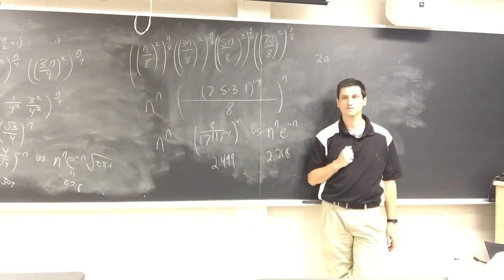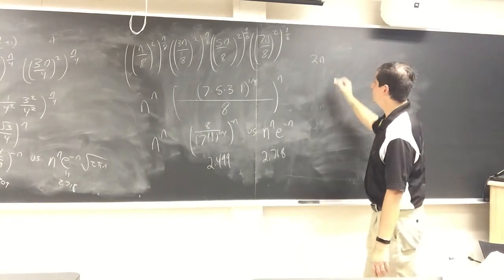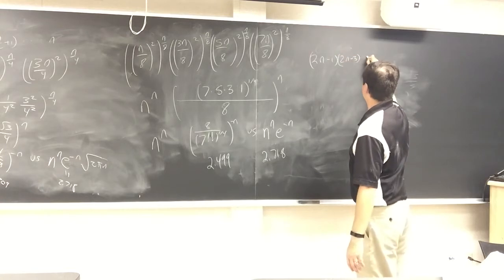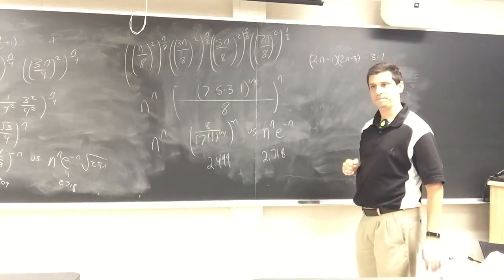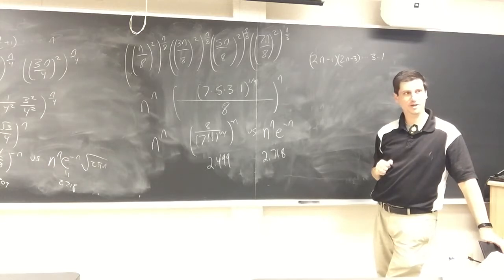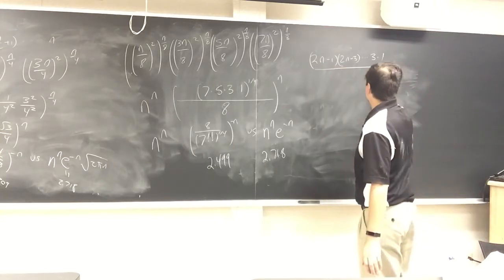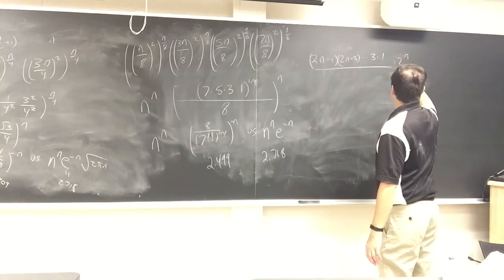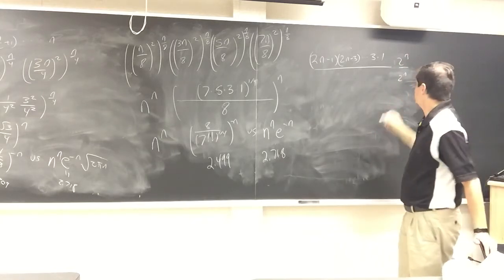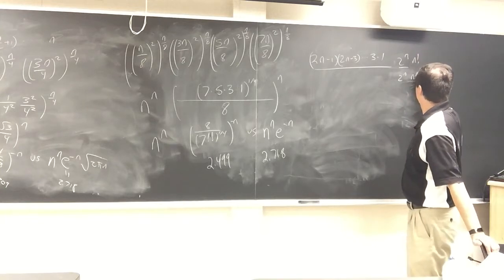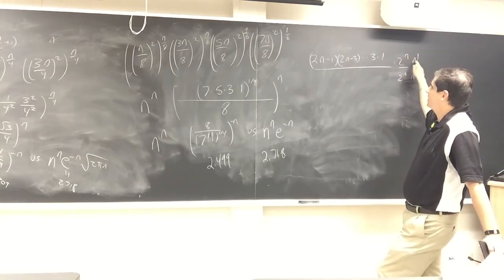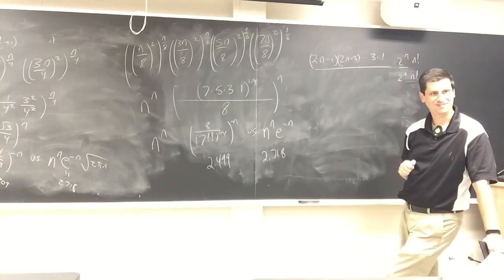You know, can you make this rigorous? Now, if I give you 2n minus 1, 2n minus 3, down to 3 times 1. I love multiplying by 1. Okay? So let's multiply by 2 to the n over 2 to the n. I'll multiply also by n factorial over n factorial. 2 to the n times n factorial, that's just all the evens.